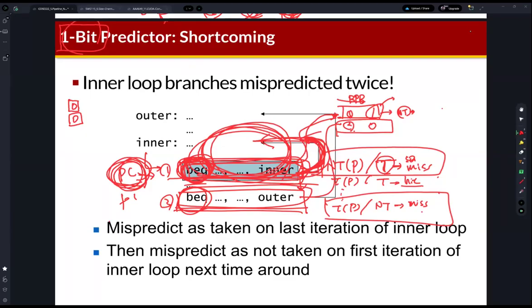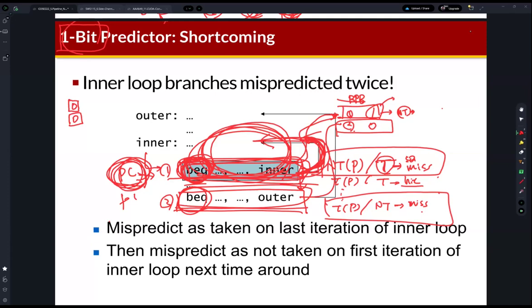So the predicted results by the 1-bit predictor are incorrect for the first and last iteration of this inner loop. So this is a disadvantage. For the inner loop, the hit rate of branch prediction can be low.